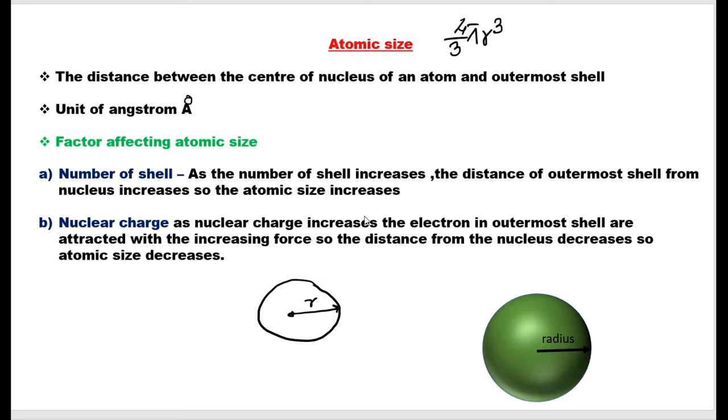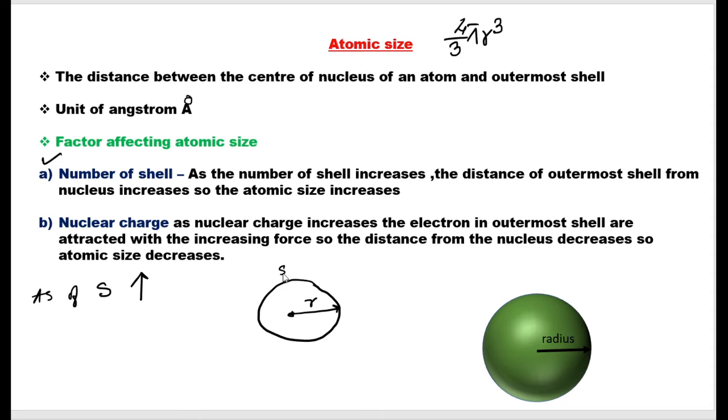The first one is the number of shells. What are shells? Shells are nothing but the orbits in which the electrons are placed. As the number of shells, I am writing shells as S, increases, suppose take this example, the diagram which is shown here.